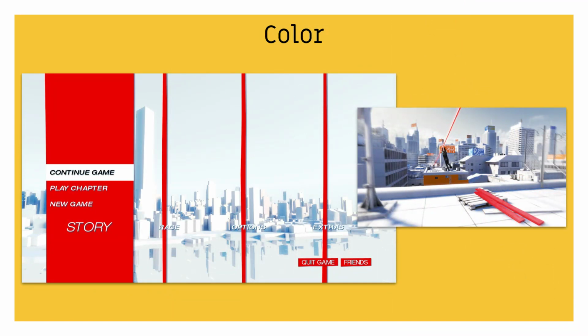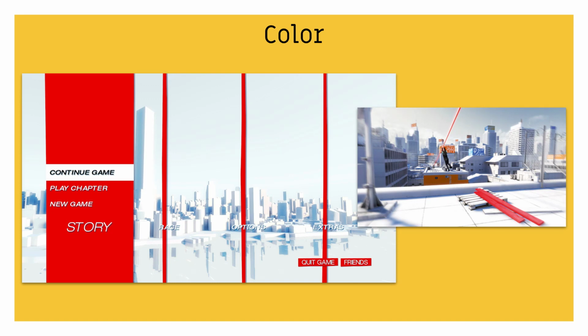So in color, these are all pretty general things that you would probably know about. But for an example in color, in Mirror's Edge, the whole game uses a very minimalistic color palette. And the game, if you don't know about it, it's about parkouring around the city and fighting these bad guys, but mostly navigating this kind of city that is a white blank canvas for you to run around and explore.